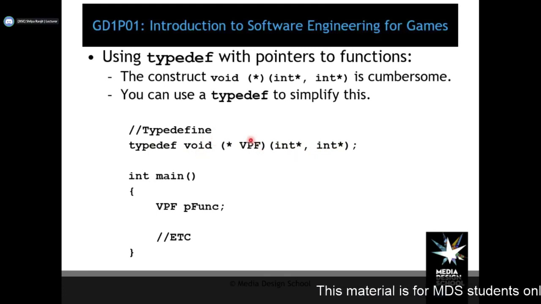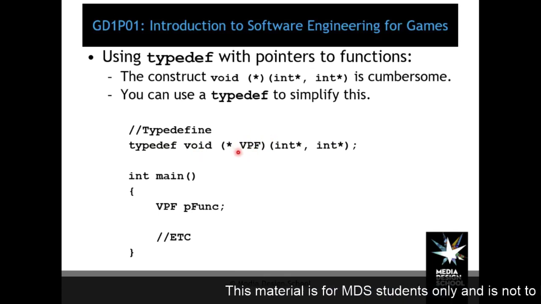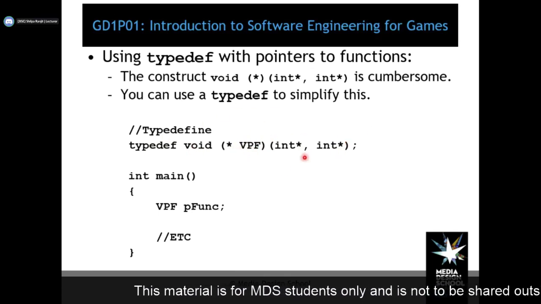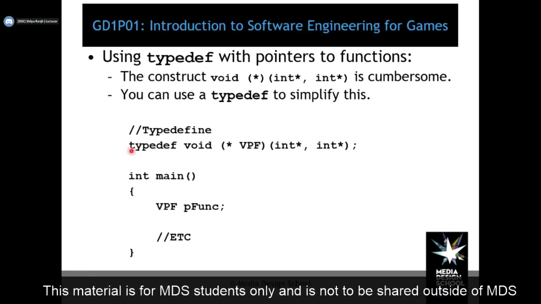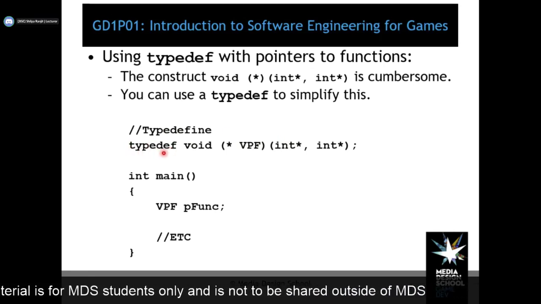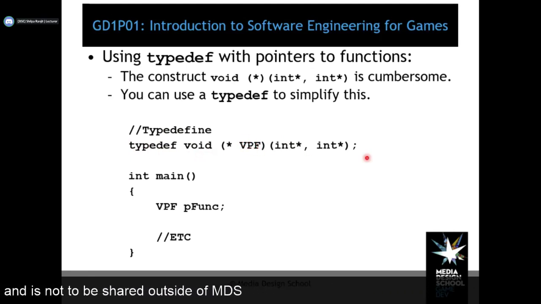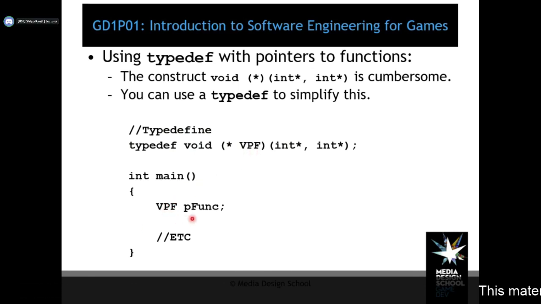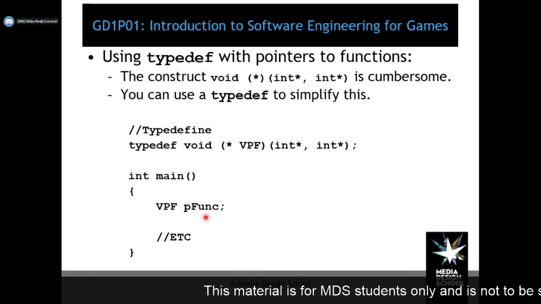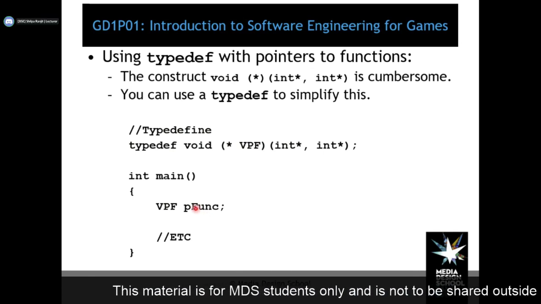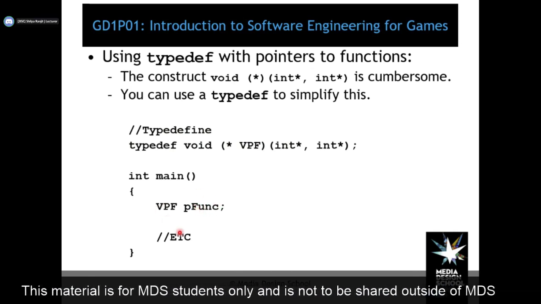So this is actually a typedef definition and not a function pointer definition. When you have the typedef keyword before that, remember that you're giving an alias name to this function pointer. After that, it's pretty simple. You just use the alias name VPF. So whenever you use the alias name, what it means is you are basically creating a function pointer called pfunc.